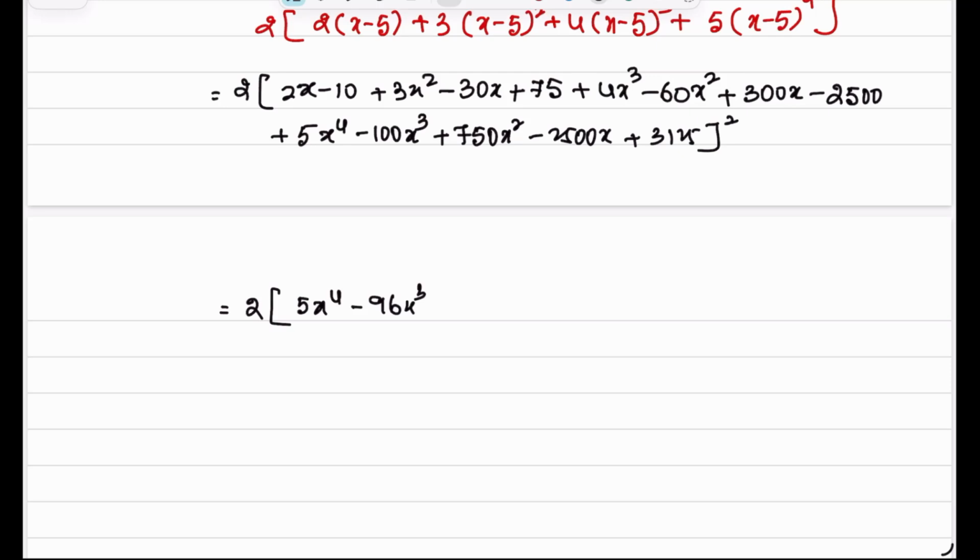What are the x squares? 750 minus 60 is 690. 690 plus 3 is 693 x square. Then what are the x's?